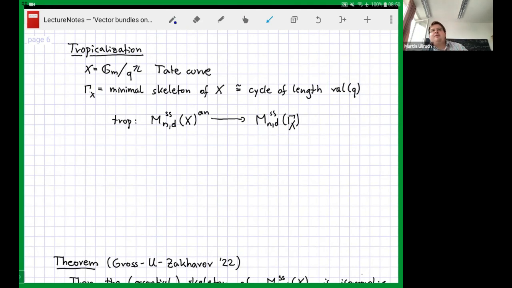We now want to define a tropicalization map from the moduli space of semi-stable vector bundles of rank n and degree d on this elliptic curve. Here I'm writing AN because you have to take the non-Archimedean identification for this to be the right thing, but you can think of this as K-valued points, if you like. It should be a map from these K-valued points to the moduli space of semi-stable degree d, rank n vector bundles on Gamma_X.